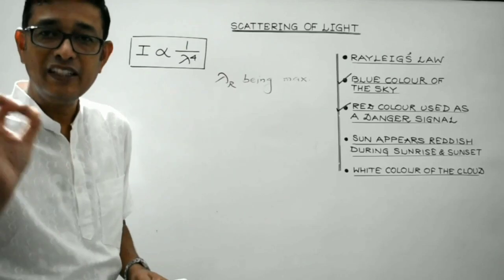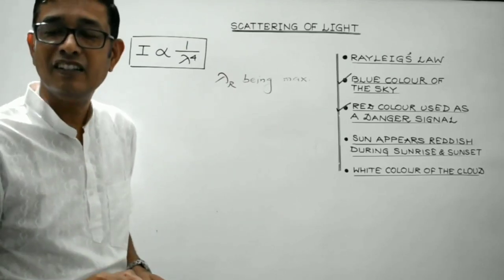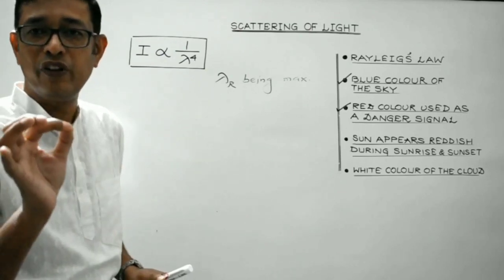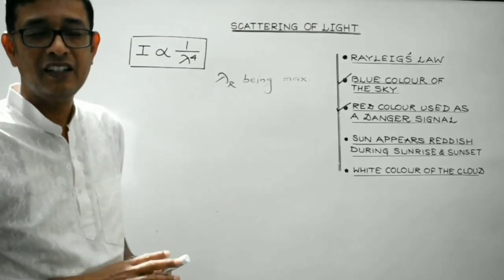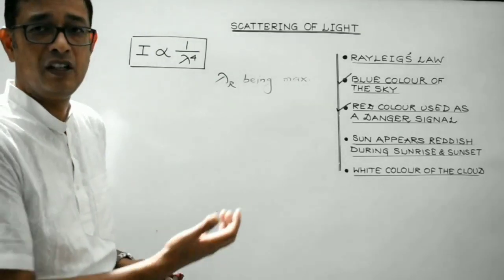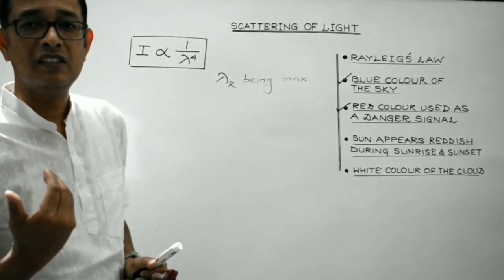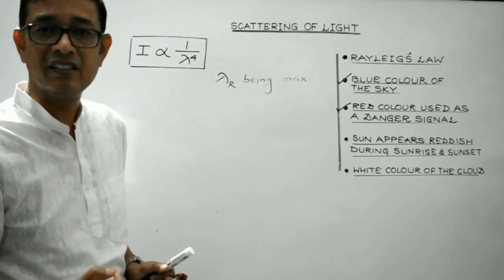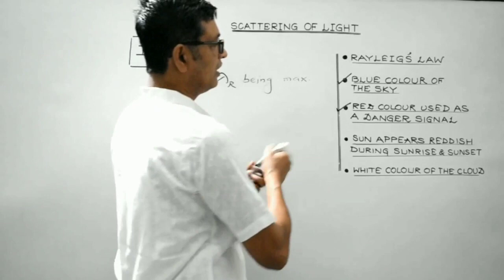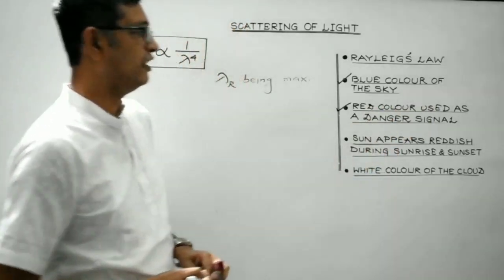So this is the very reason why red color is used as a danger signal. Because of the long wavelength of the red color, it gets least scattered. Therefore red color, even when observed from a distance, can be seen distinctly and clearly. That is the reason why we make use of red color as a danger signal.